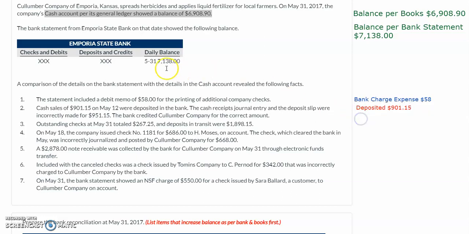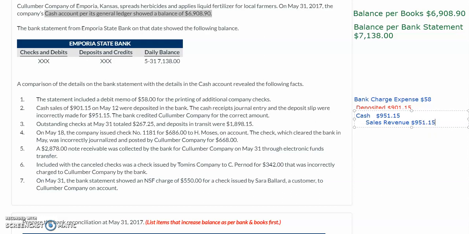So in the company's balance, that $7,138, this reflects the correct balance of $901. But what happens is that the journal entry was incorrectly recorded. When somebody wrote the journal entry, instead of including the $901 for that cash sale, they debited cash for $951.15, and they credited sales revenue for $951.15.